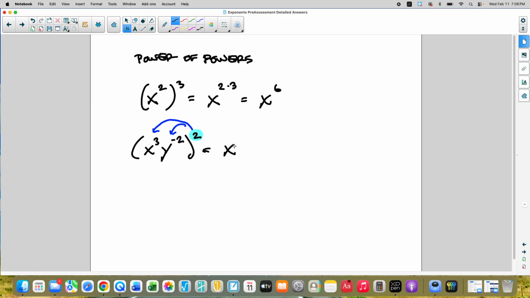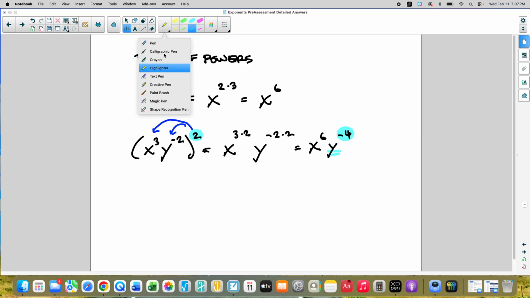So that's going to be x to the 3 times 2, and then y to the negative 2 times 2, which gives us x to the 6th, y to the negative 4. Now I can't have a negative exponent. So I'm going to have to move this base. If I change the sign, it moves this base and the exponent.